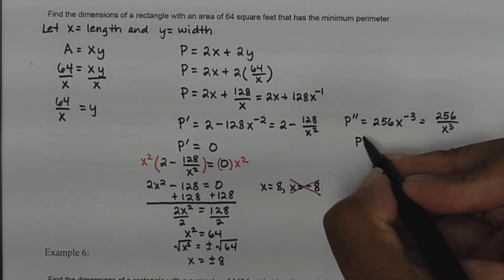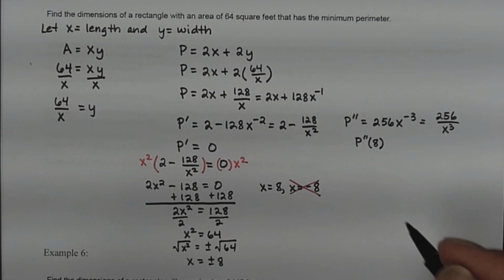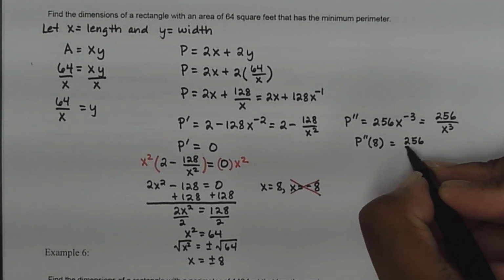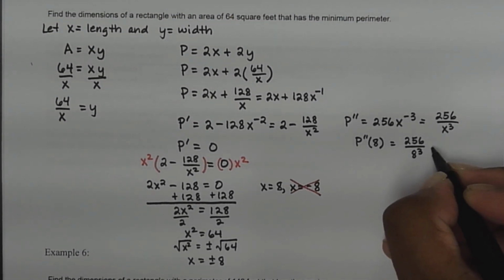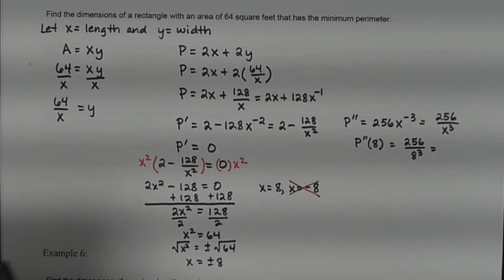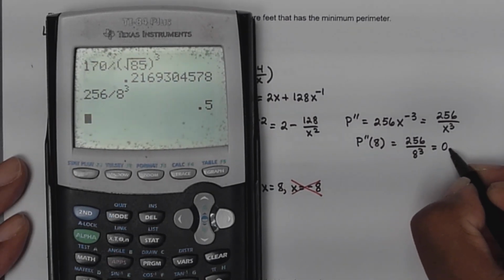So now P double prime of 8, because x is equal to 8, would be this, 256 over 8 cubed. And I'm going to do that in the calculator, because I think this is going to end up being a positive number anyway. 256 divided by 8 cubed will be 0.5, which is positive.